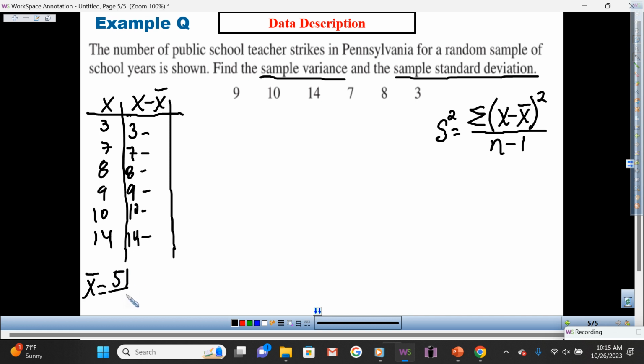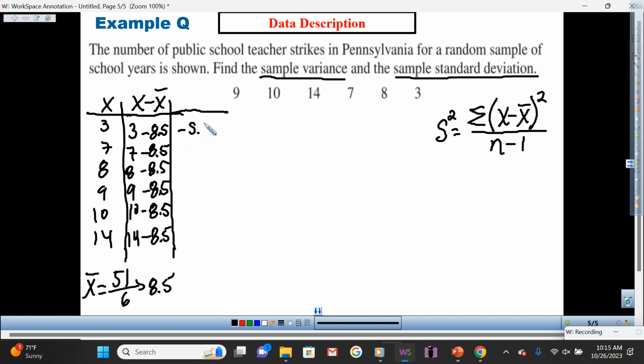So that was 51 divided by 6? All right, so it's 8.5. All right, so we're going to subtract that from each of the data. And once again, I'm going over this just to make sure we got the process down and we make the appropriate changes.